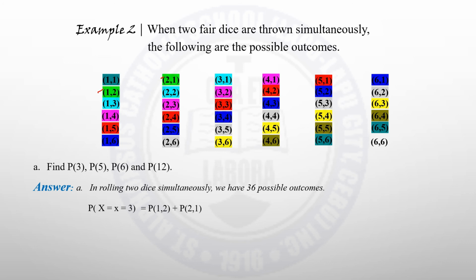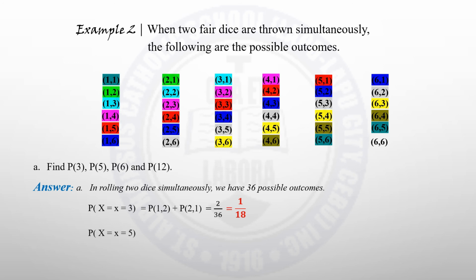So the probability of the random variable with a possible value of 3 is 2 over 36. 2 is in our numerator because there are two pairs whose sum is 3, the (1, 2) and (2, 1). 36 is the denominator because we have 36 possible outcomes all in all, or 1 over 18 as the final answer.